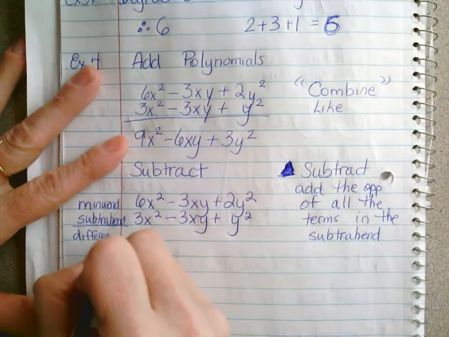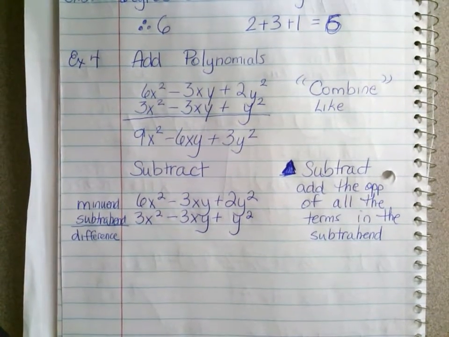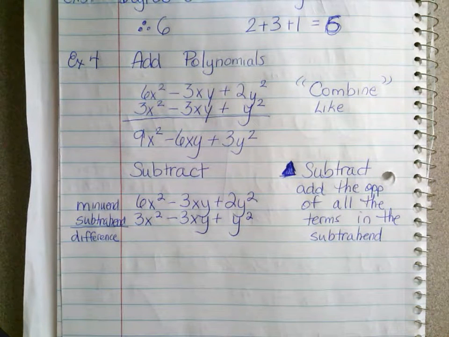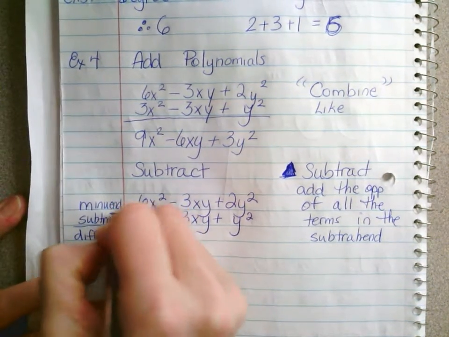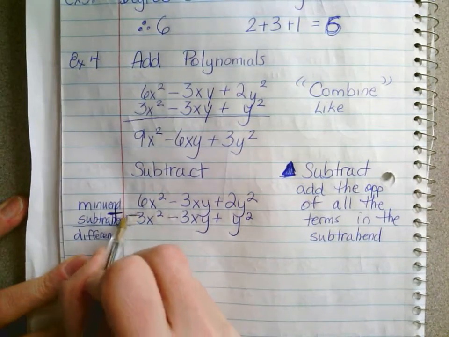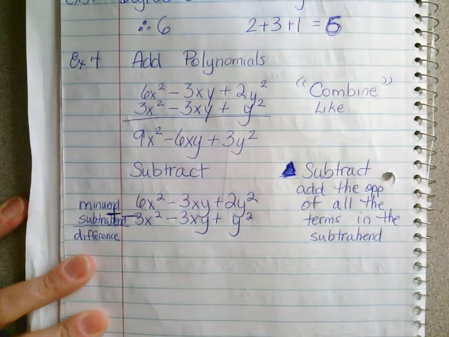You guys probably haven't heard that term in a long time. Minuend, subtrahend, difference. So to subtract, add the opposite of all the terms in the subtrahend to the top, to the minuend. So here's the subtraction symbol. Add the opposite of 3x squared.